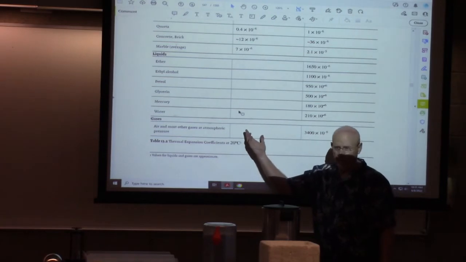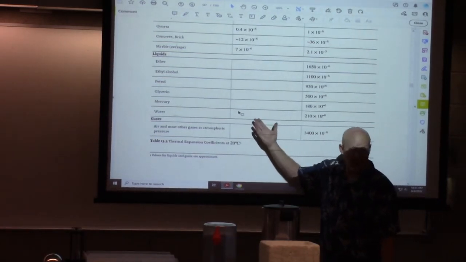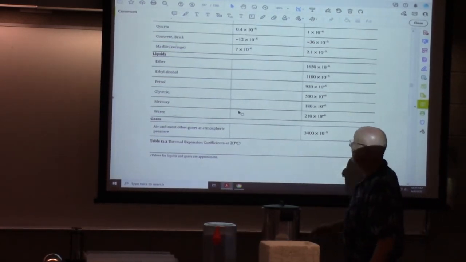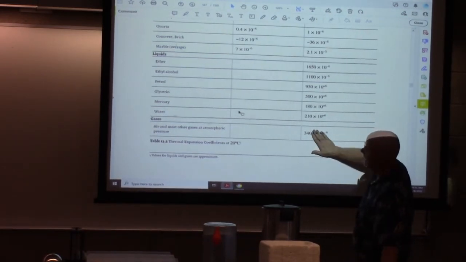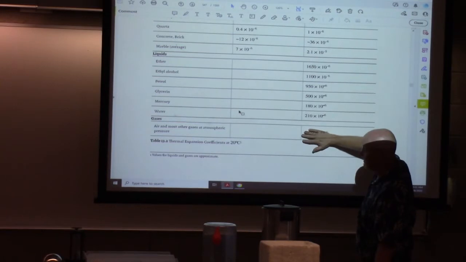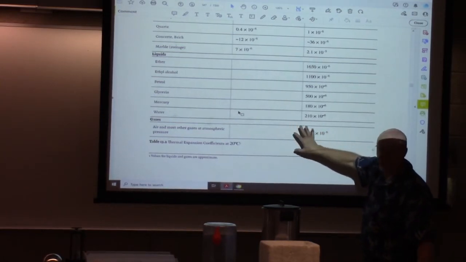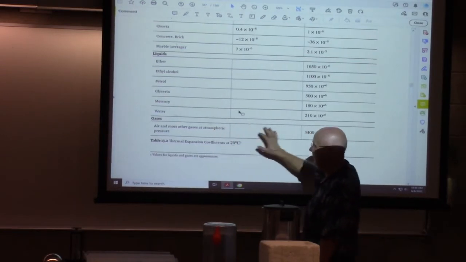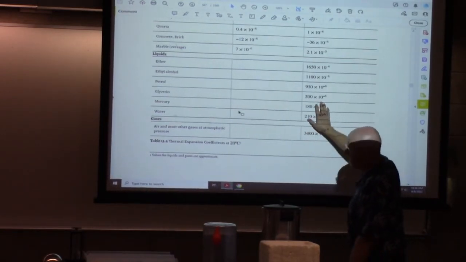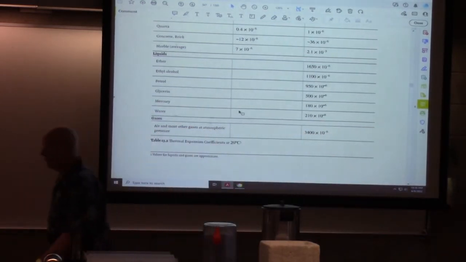Again, it makes no sense to talk about an alpha for a liquid, or for a gas, because they just fill up the container. Actually, even talking about a beta for a gas makes no sense. It just always fills up the container and then the pressure changes. But if you stick to a certain atmospheric pressure, then you could kind of put a number there. But again, that's what your author is after.